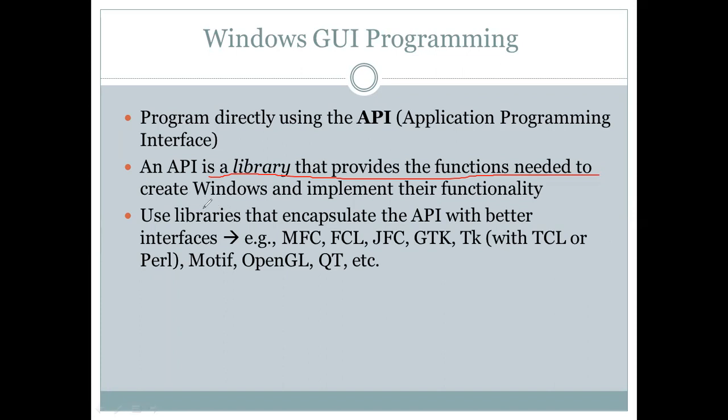Library files such as MFC, FCL and JFC are some libraries that encapsulate the APIs while creating windows and implementing their functionalities, which gives a better GUI interface with Windows.